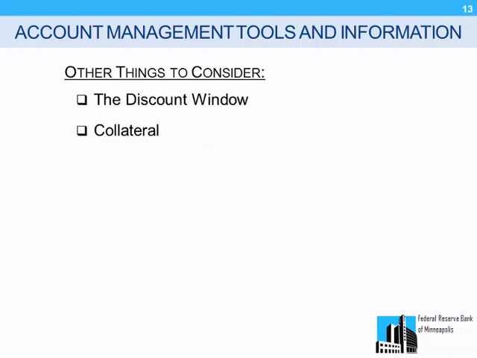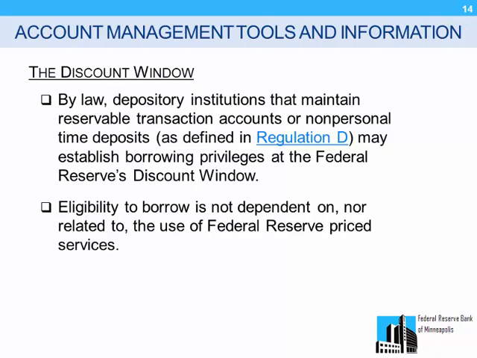So other things that you might want to keep in mind when you're managing your Federal Reserve account are the discount window and collateral. So on slide 15, we'll start with the discount window. By law, any depository institution that maintains reservable transactions as defined by Reg D can establish borrowing privileges at the Federal Reserve's discount window.